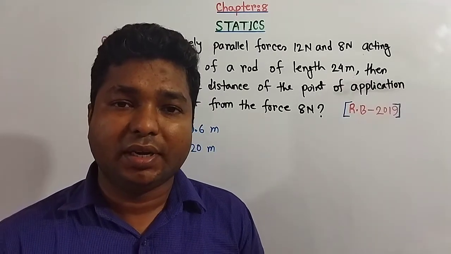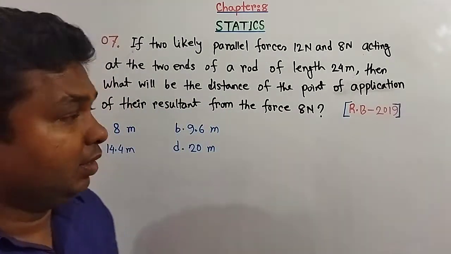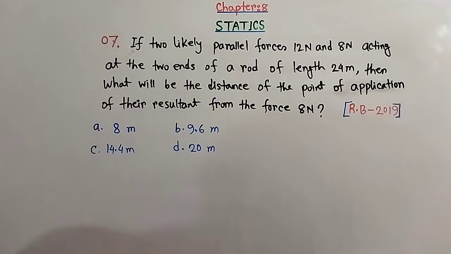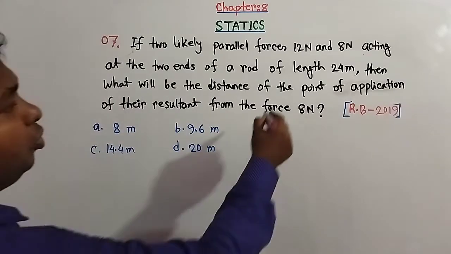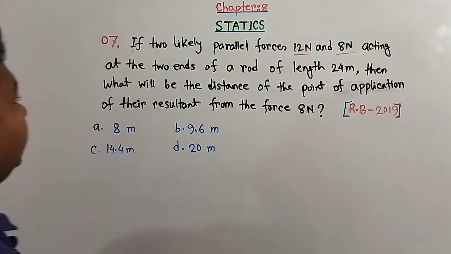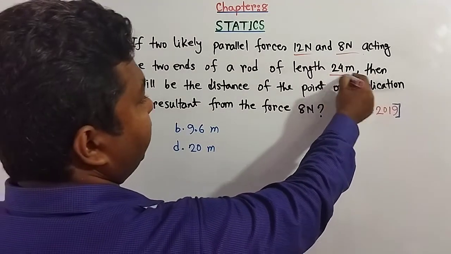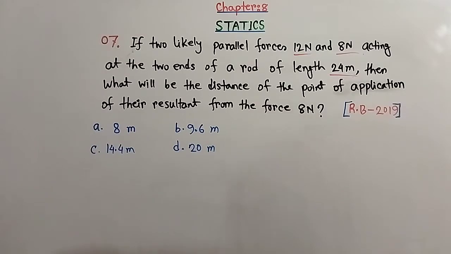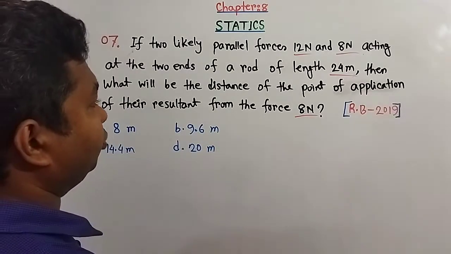My dear students, now question number 7. If two like parallel forces 12 Newton and 8 Newton act at the two ends of a rod of length 24 meter, then what will be the distance of the point of application of the resultant from the force 8 Newton?